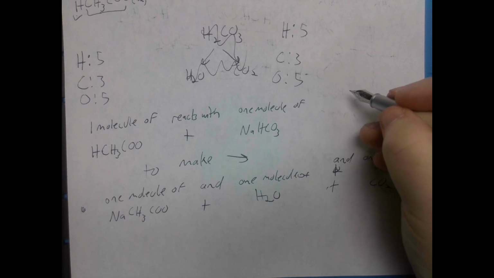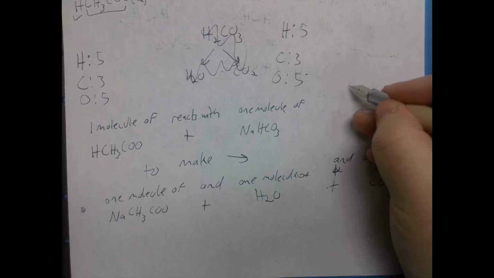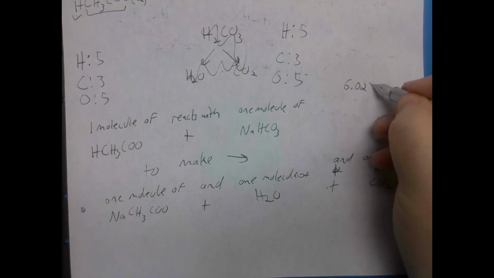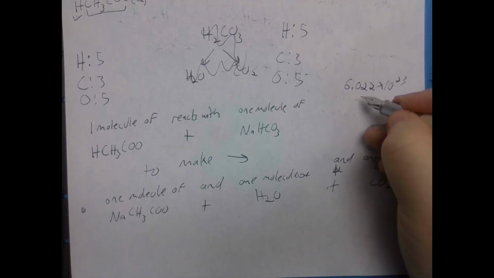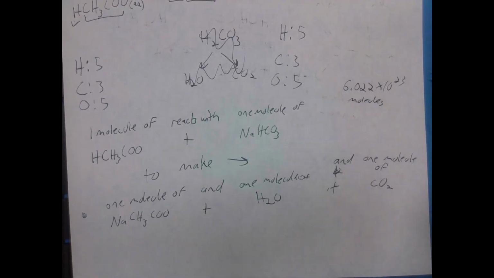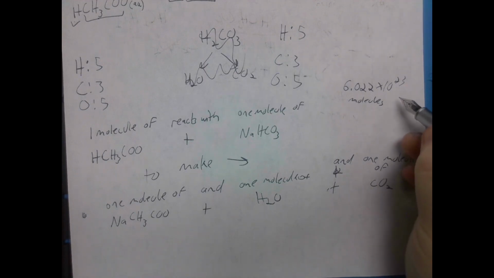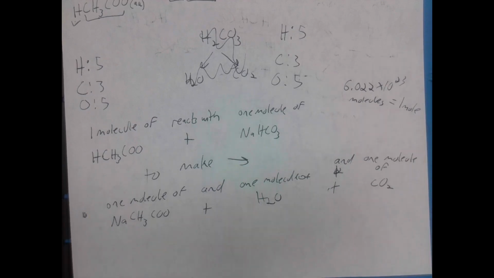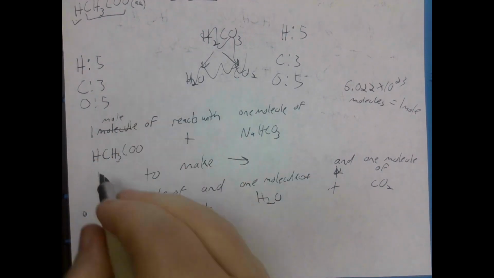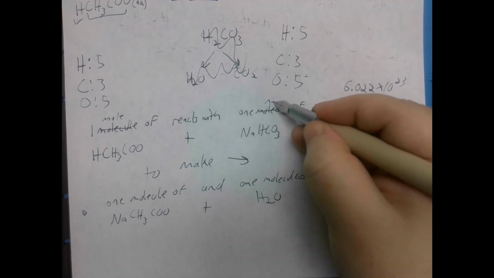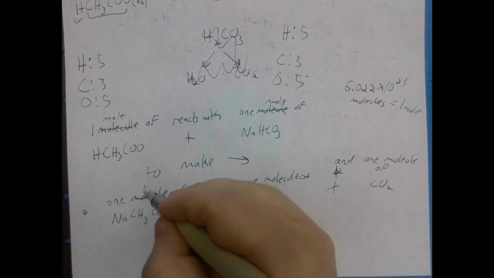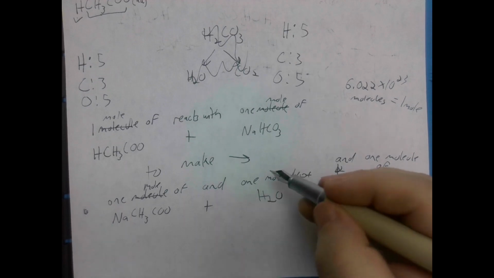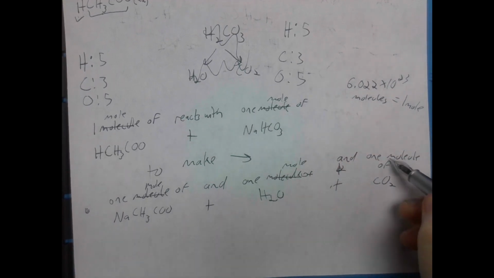So because atoms and molecules are so small, let's jump this up to 6.022 times 10 to the 23 molecules, which is called 1 mole. Right? So another way of saying that is we can increase this to 1 mole of this, reacts with 1 mole of this, to make 1 mole of this, and 1 mole of this, and 1 mole of this.